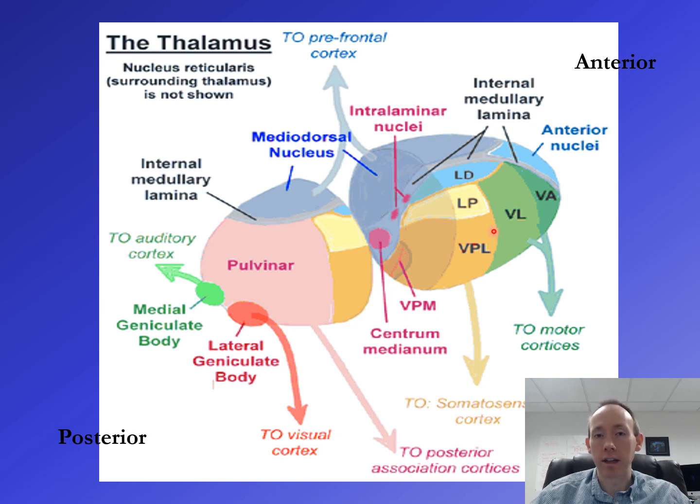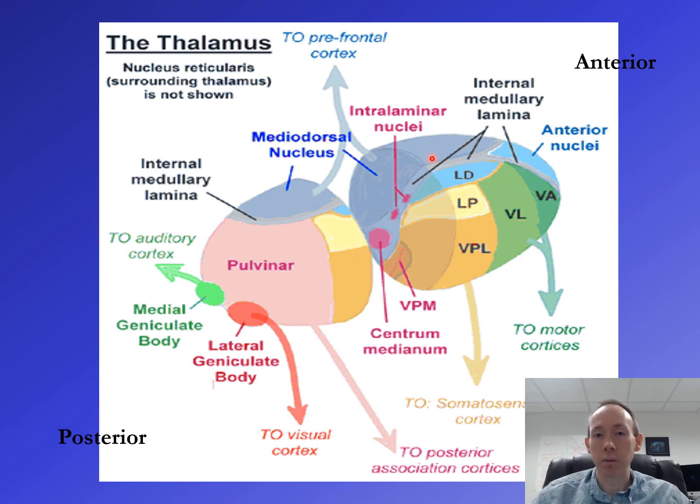And again, if you had interest in the visual system, then maybe you would look at the lateral geniculate body. Or if you had interest in sensation, pain, or other feeling, or how we move, then we could look at these lateral portions of the thalamus.